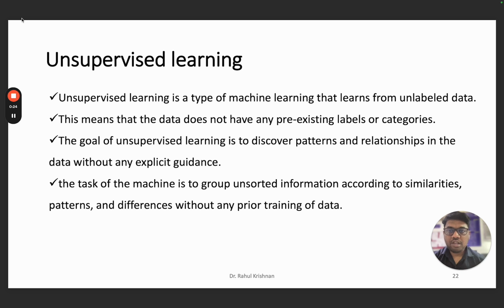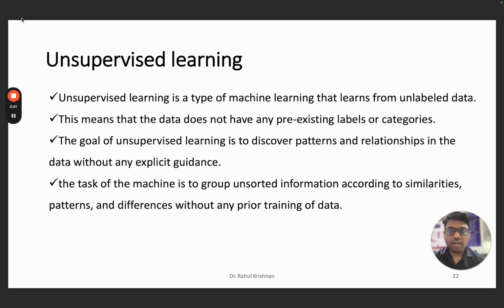Today we will see the next category of machine learning, which is unsupervised machine learning. In supervised machine learning, we use labeled data sets, and depending on whether it is a regression problem or a classification problem, we use different kinds of algorithms.